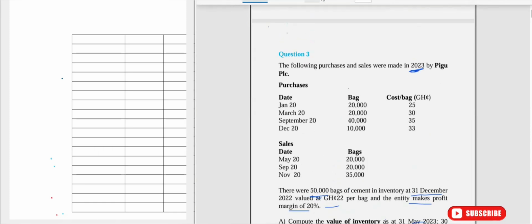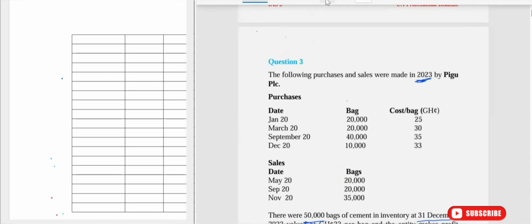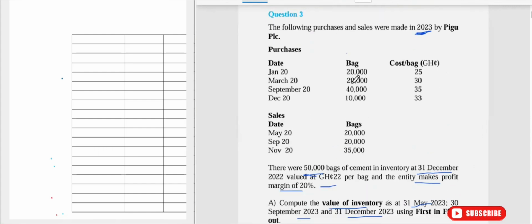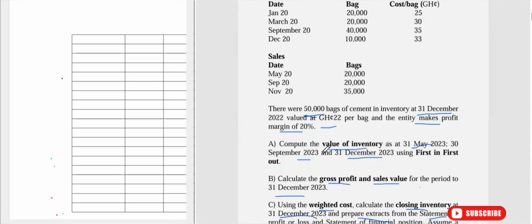So let me just zoom in a bit, then we can do our work. Let's look at the first one: calculate the value of inventory at 1st May, 30th September, and 31st December using the first in, first out. So let's do A first.